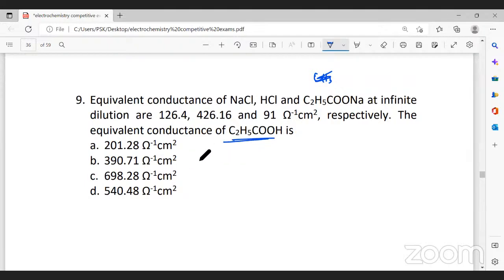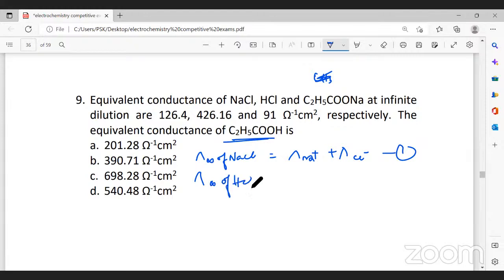How do you work it out? Lambda infinity of NaCl is equal to lambda Na plus lambda Cl minus. We'll mark this as equation number 1. Now, the conductance of HCl at infinite dilution is given as lambda H plus lambda Cl minus. We'll mark this as equation number 2.